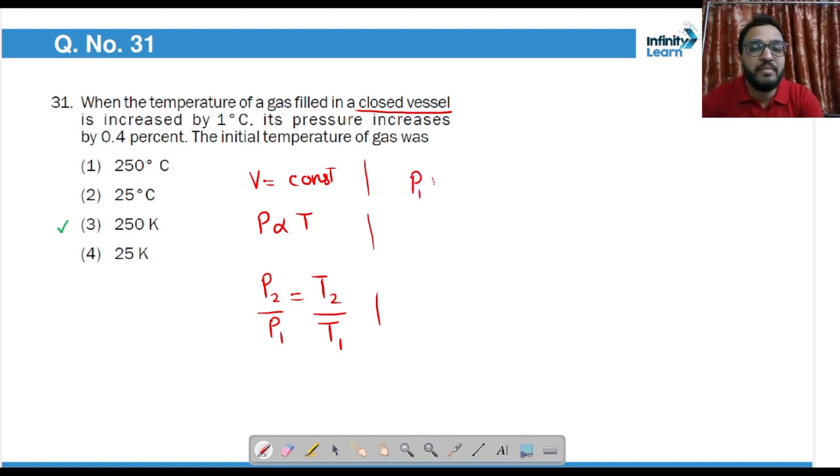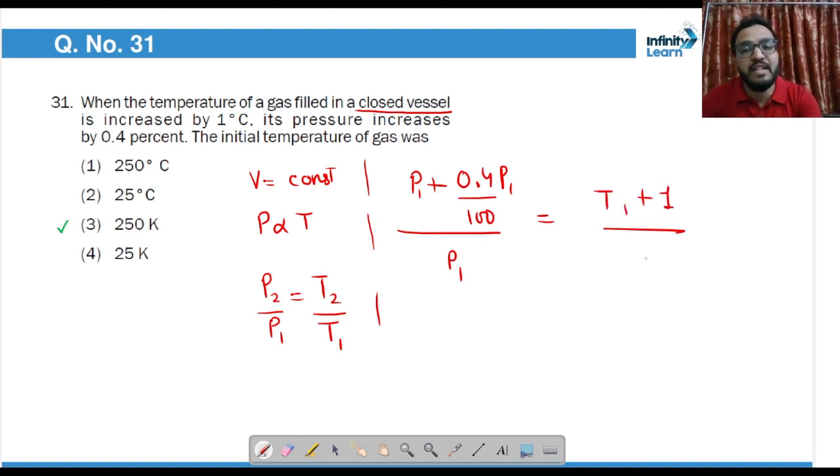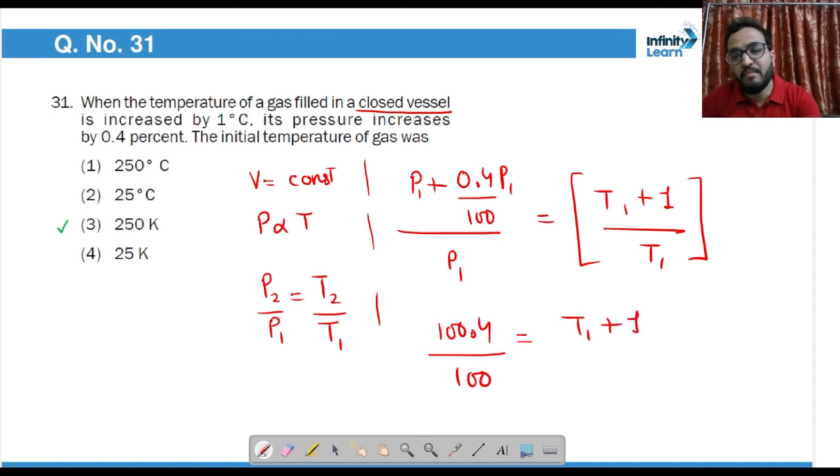So P2 is P1 plus 0.4 upon 100 P1, upon P1, is equal to T1 plus 1 degree centigrade upon T1. So the initial temperature they want to find out. So it will be 100.4 upon 100 is equal to T1 plus 1 upon T1. From here we can solve and get the right answer.